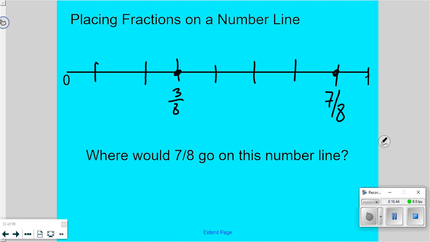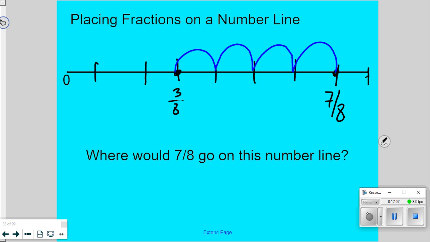Is it 5/8? I have no idea. I haven't done it yet. Let's count. Ready? 1/8, 2/8, 3/8, 4/8. Yeah, 4/8. It took us 4/8 to get from 3/8 to 7/8.